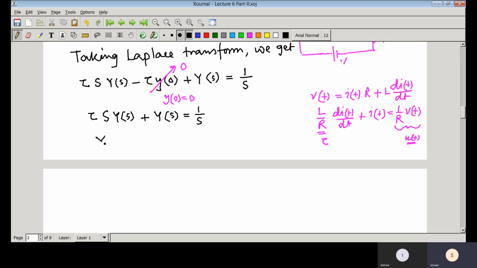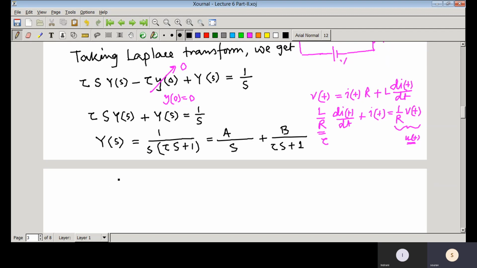If you rearrange this expression, you will get Y(s) equal to 1 by s(tau s plus 1). Now your objective is to find y(t). So you can represent this expression in partial fraction form, that is A/s plus B/(tau s plus 1).